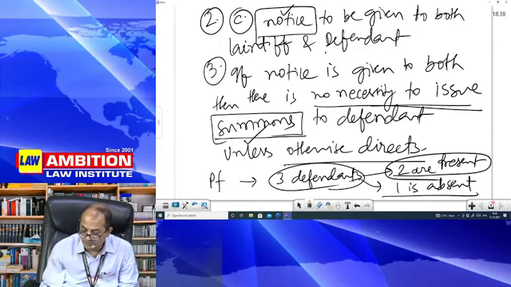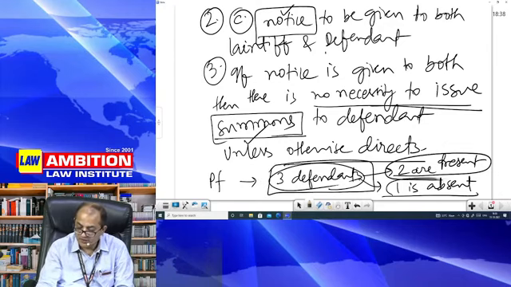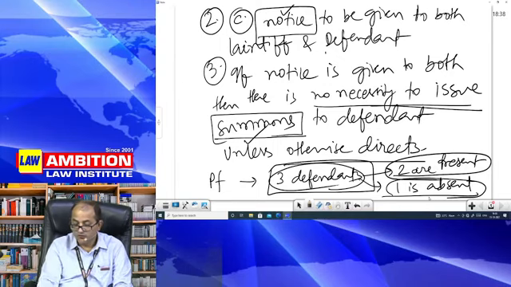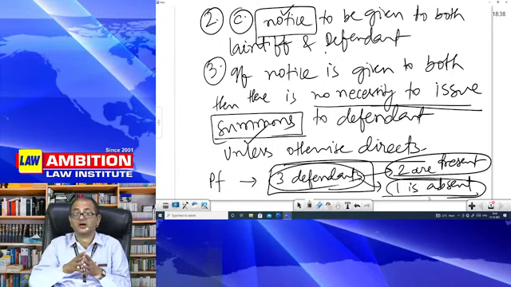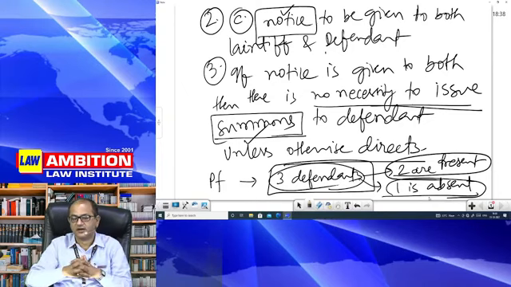So, the 2 are present and the 2 have been given notice. This 3rd one is missing. So, will you not issue summons to him now? Will the court to whom the plaint is presented now not issue summons to the 3rd defendant? The answer is yes.